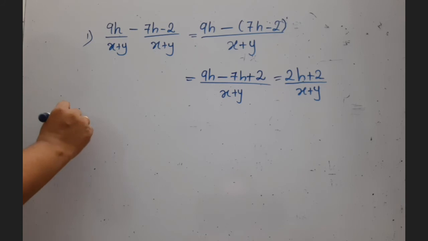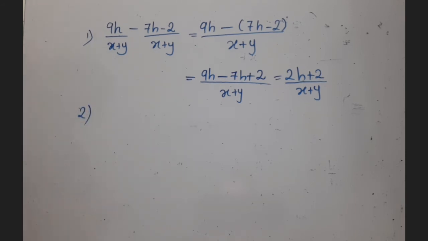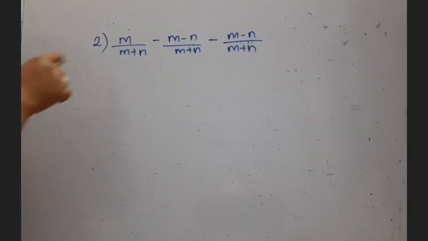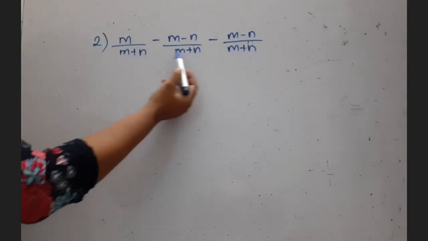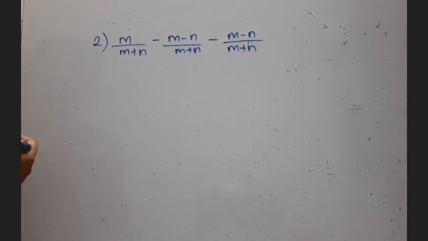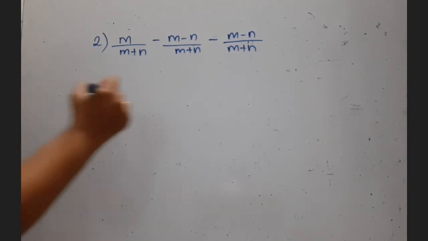So I'll be doing another question as well. This is another example from your textbook, children. So let's look into it. Here we have the same denominators, m plus n, an algebraic expression.